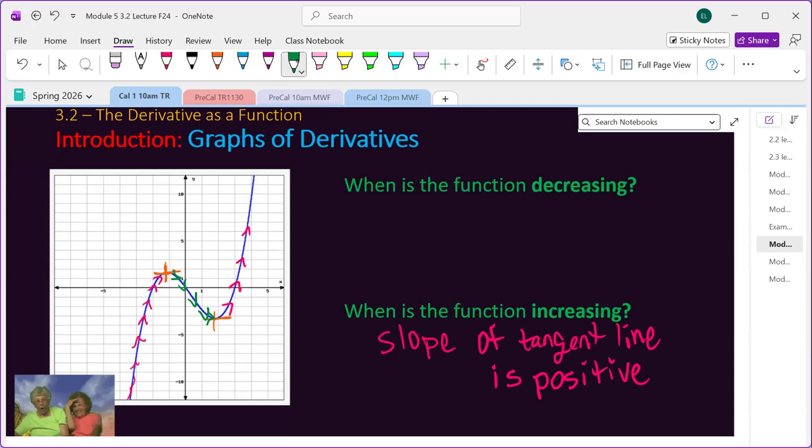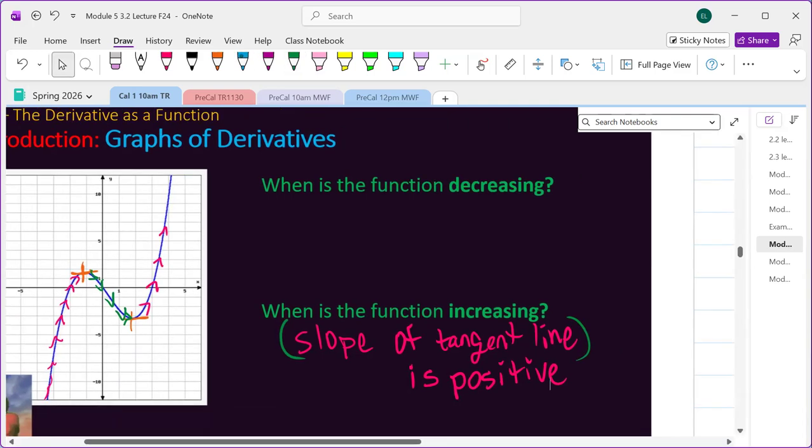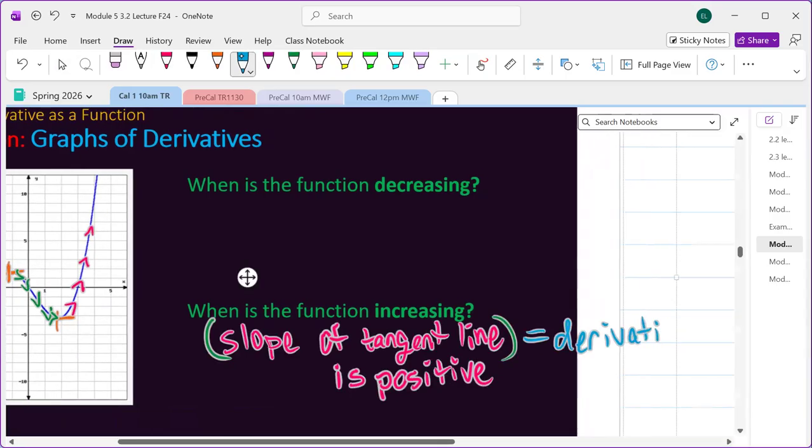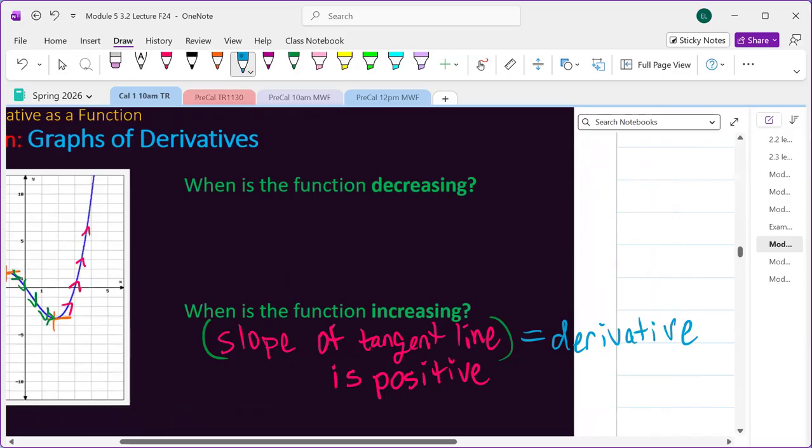But the whole phrase, slope of the tangent line, is just a code phrase for derivative. And then decreasing is when the slope is the other way around, negative.